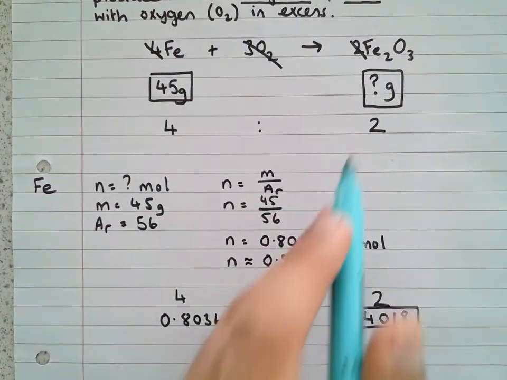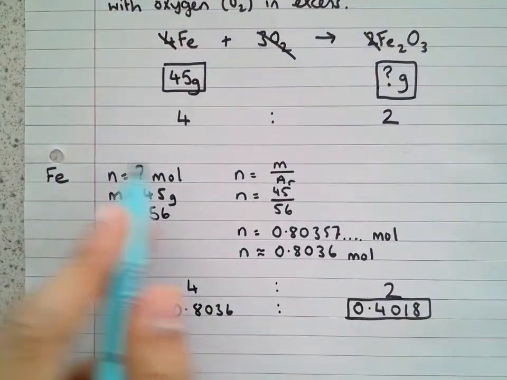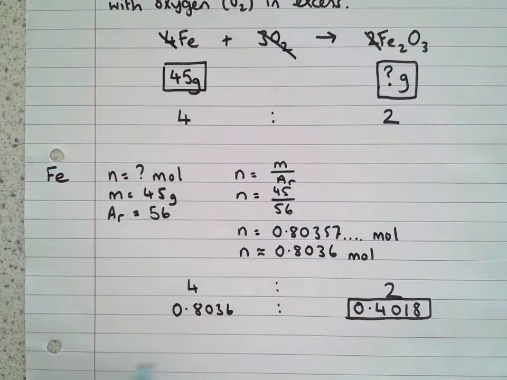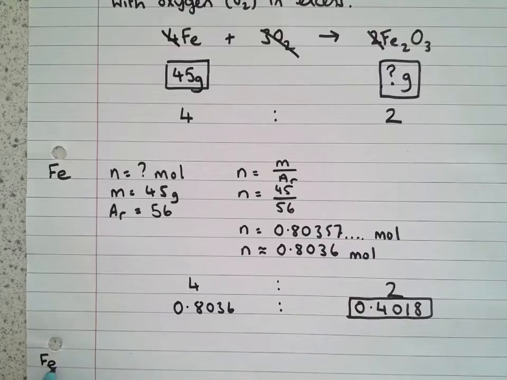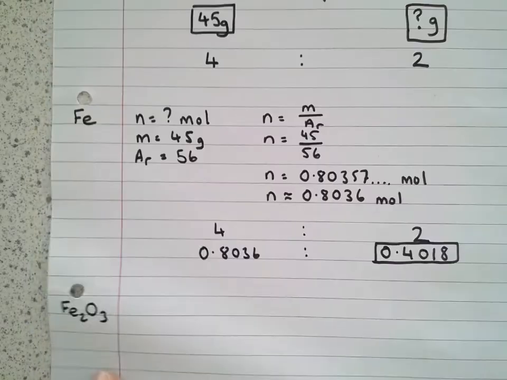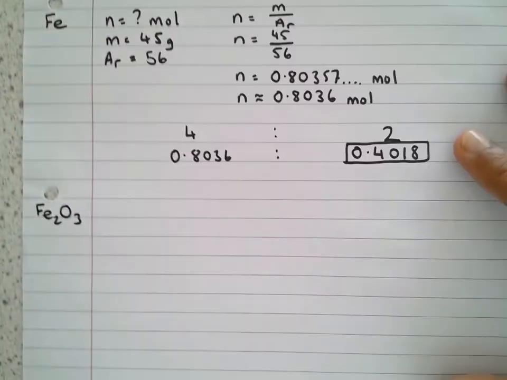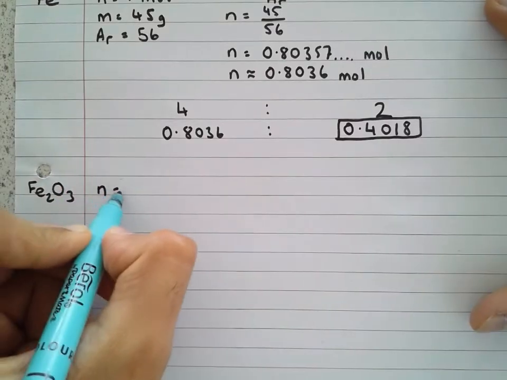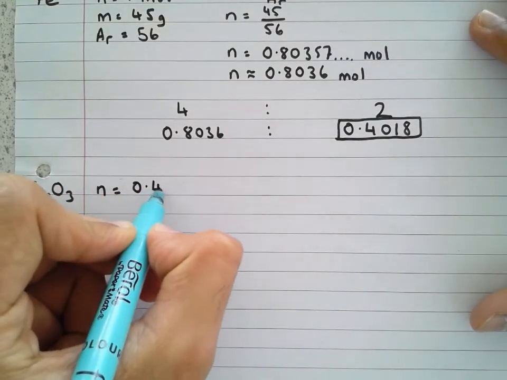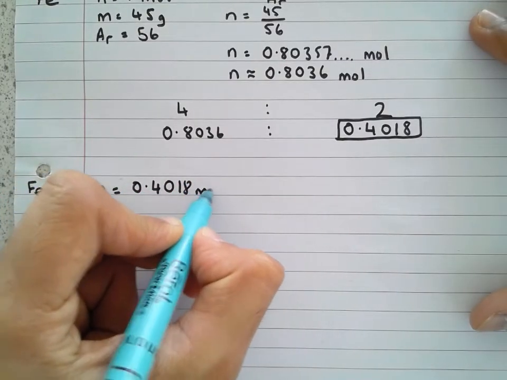Now I can use this, which is the number of moles of iron oxide, to convert into grams using the same formula here. So this time I'm looking at Fe2O3, so I'm going to write that into my margin. I know my number of moles is 0.4018 moles.